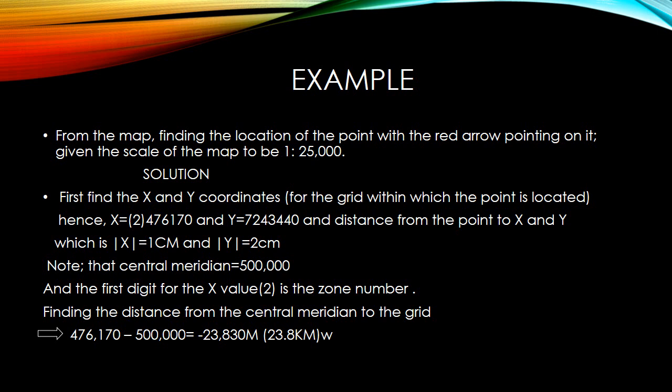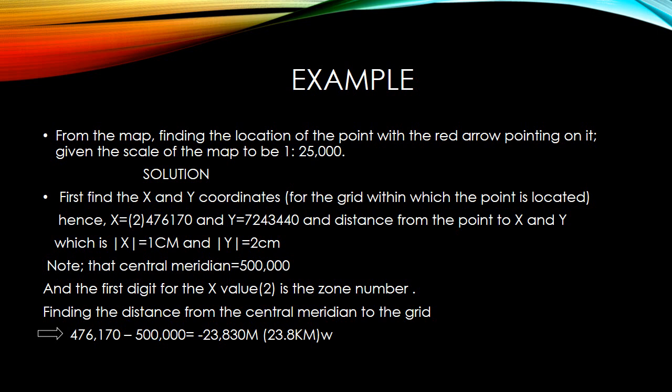Now we know already that the first digit of the x value, which is 2, is just the zone number. So to find the distance from the central meridian to the grid, we are going to subtract 500,000 meters from 476,170, which gives us negative 23,830.